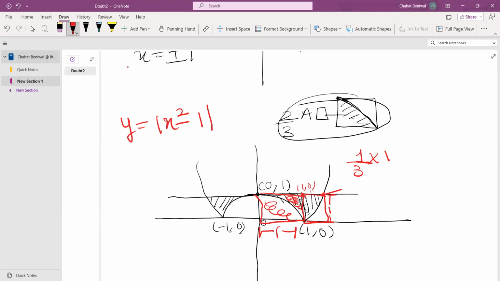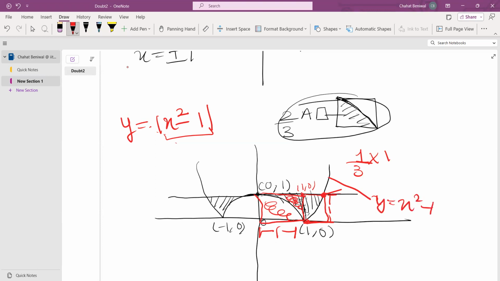Okay, so let's put x greater than 1, like 1.5. The thing which is inside the mod is going to be positive, so the mod is going to open to a plus sign. That means this curve is y is equal to x square minus 1.